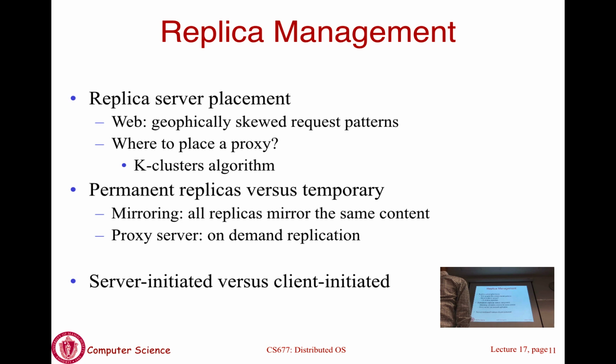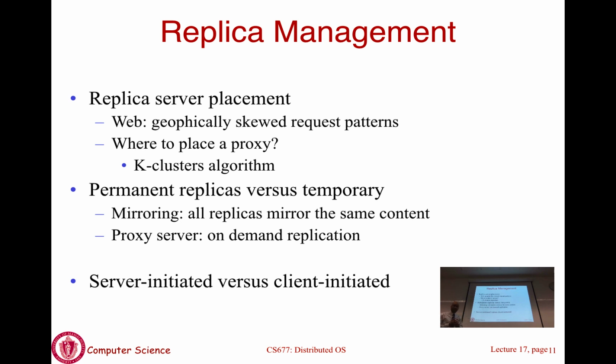In that case, you still get the benefits of replication. You still have to perform cache consistency, but you may not need to pay the high price of actually replicating the data. So there are these two schemes that we will talk about: whether you are going to do mirroring, which is actual replication, mirroring is just a term that says replication, or you use proxy servers, which basically are caching or an on-demand form of replication.